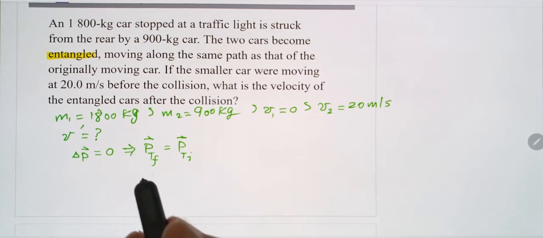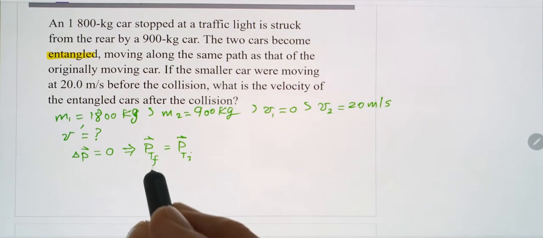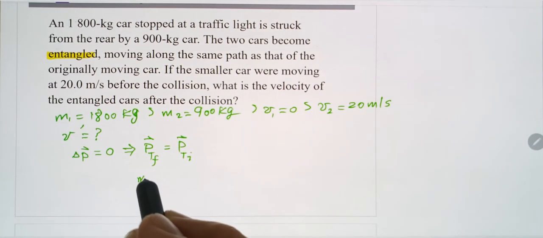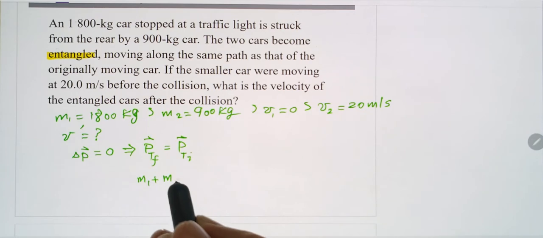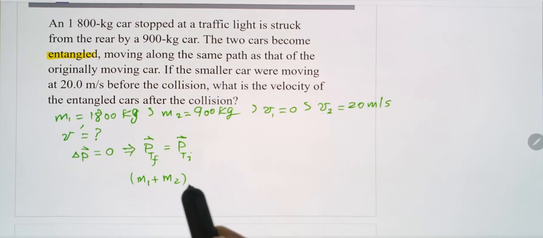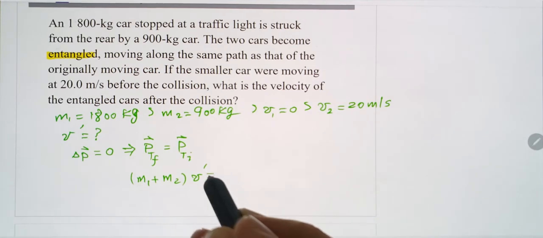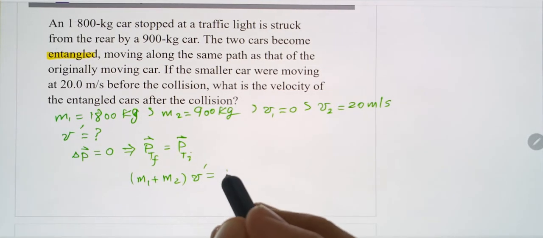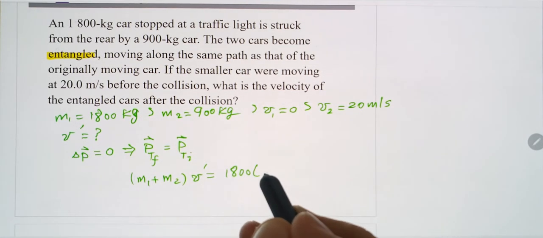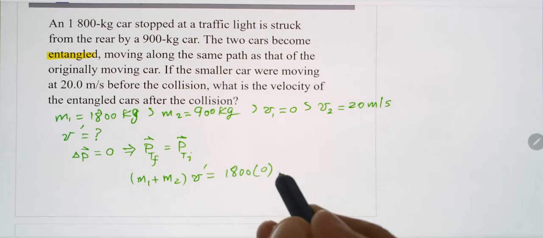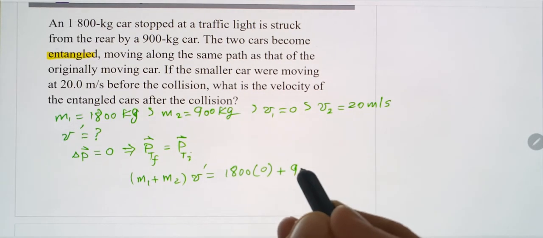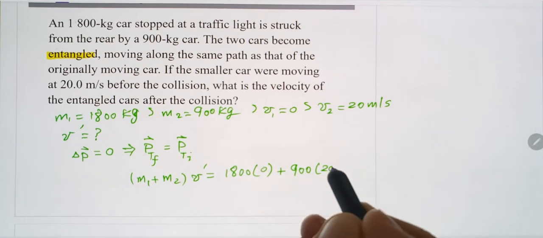Let's apply it. So what's the total momentum final? Well, now they are one object, so M1 plus M2 V final must equal 1800 multiplied by 0 plus 900 multiplied by 20.